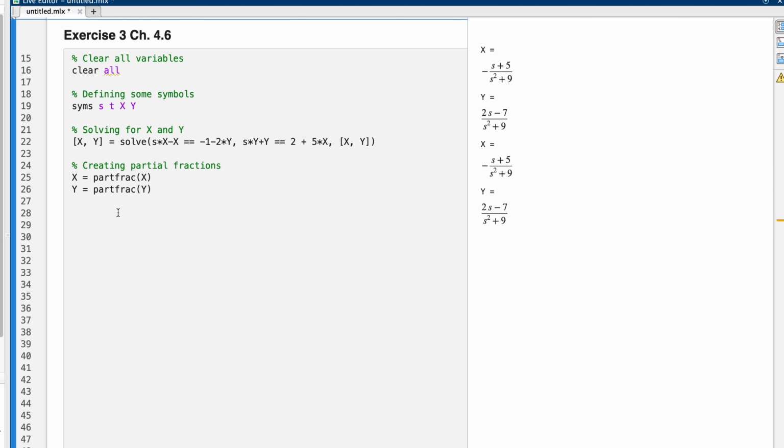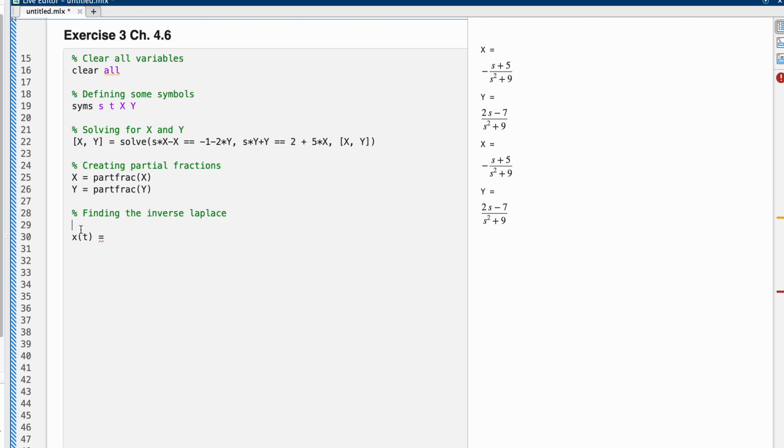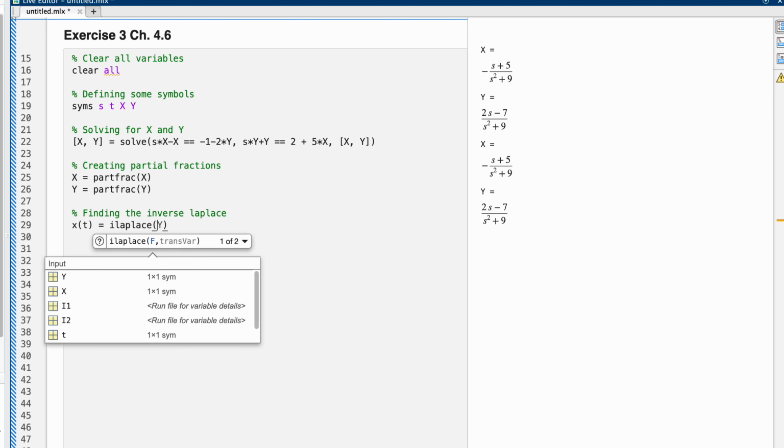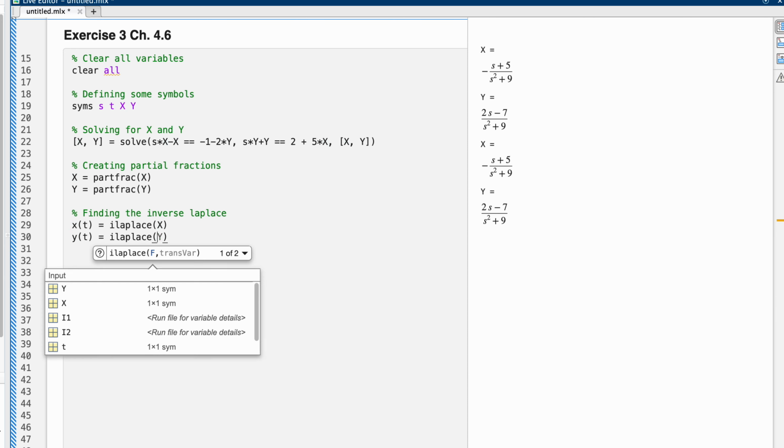So now that you have these, what you want to do is find the inverse Laplace. Finding the inverse Laplace. So that's going to be the small x of t is going to be ilaplace, which is basically the command to apply the inverse Laplace to an expression X. And the command for y is going to be almost the same, but you got to change the names.